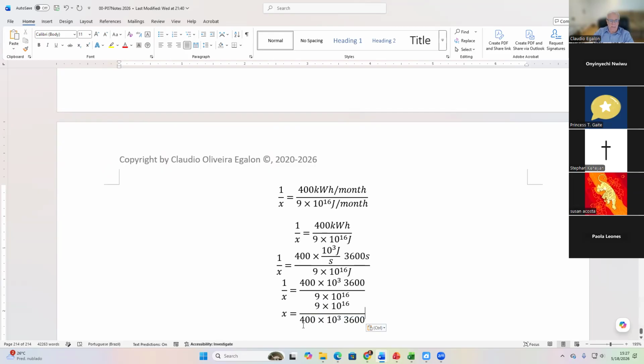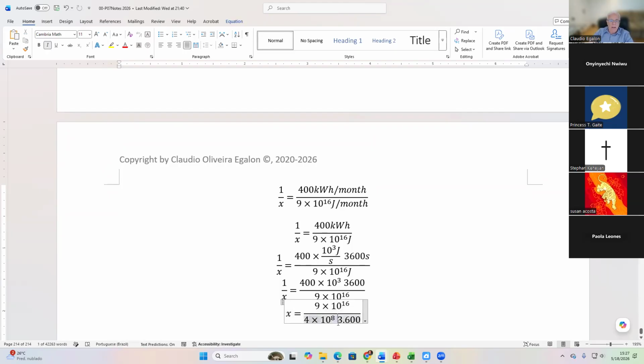Here it's going to be 10 to the 5th, right? And then we still have another 3 orders of magnitude, so 10 to the 8th. You have to do this math.